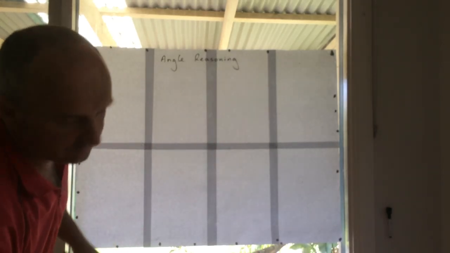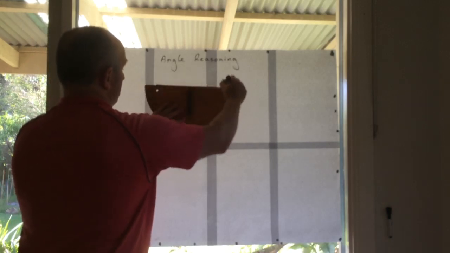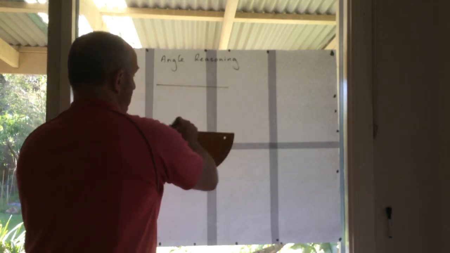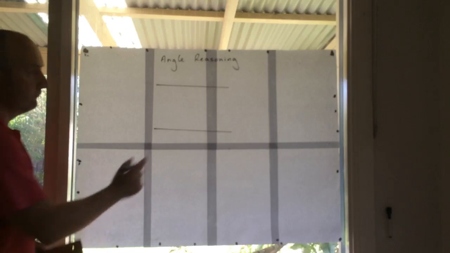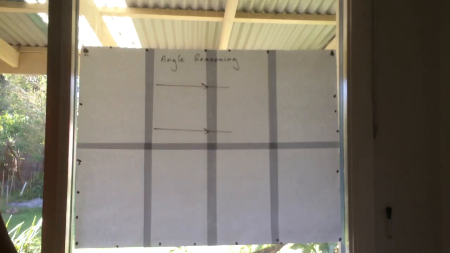The next one, some people call this the Z angle. Now, I've got two parallel lines. No, I haven't. Yes, I have. Now I know they're parallel lines.